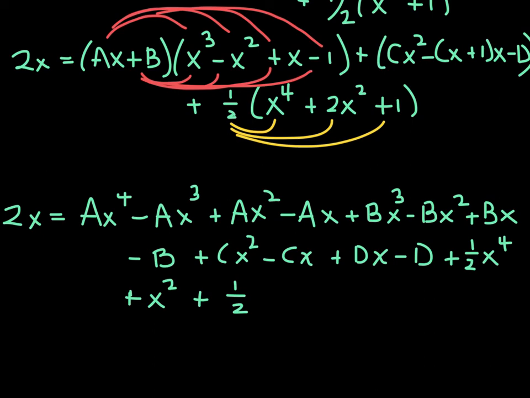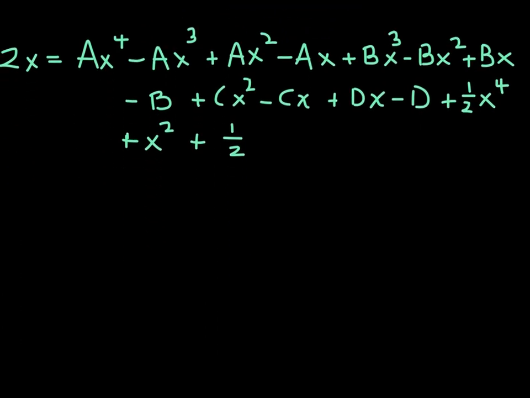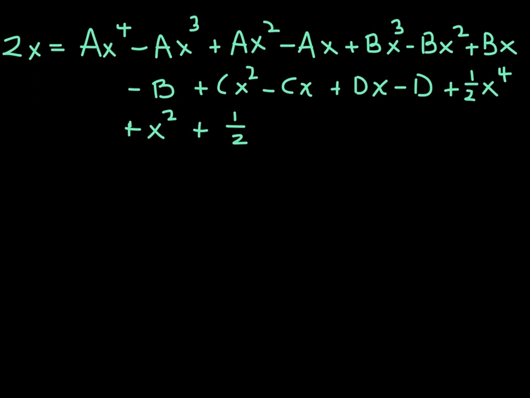Now, what we want to do is group like terms. So look at all of your quartic, your degree 4 terms. So let's see. Here's a quartic term. Let me move the screen up a little bit, and I'm going to highlight. So you got a quartic term here, ax to the 4th, and you have a quartic term here, 1/2 x to the 4th.